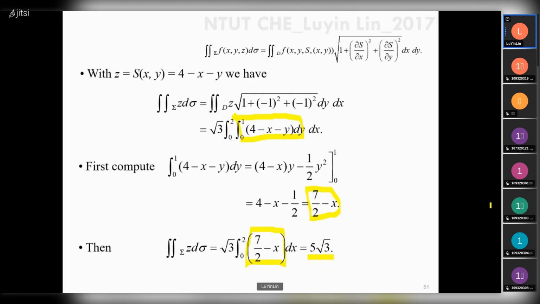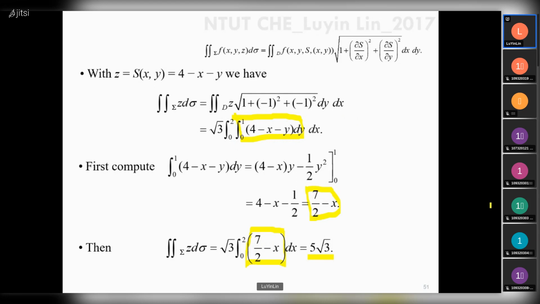You can compare this example with the last example we talked about yesterday. You will find this example is much simpler because you can use x and y to represent z. No uv, only xy. The example is much easier.